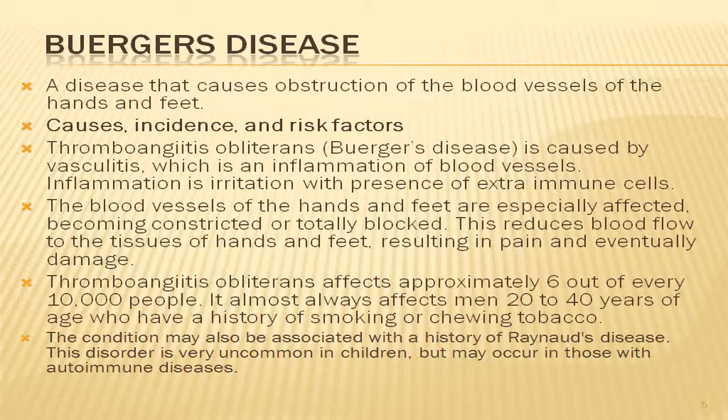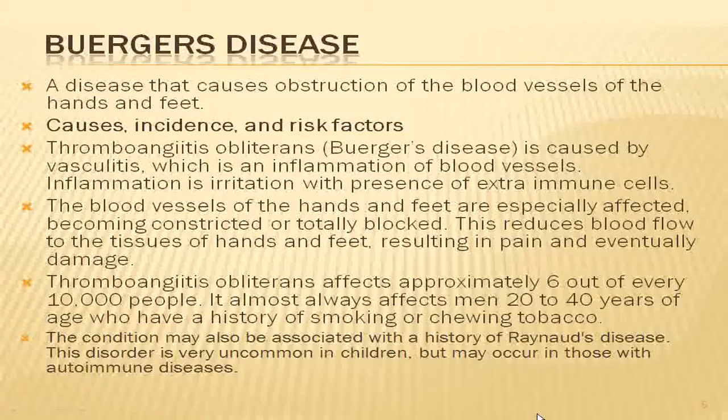And so the disease, as it says here, is a disease that causes obstruction to the blood vessels of the hands and to the feet. With the causes, the incidence, and the risk factors of Buerger's disease, it's typically seen within certain patients.